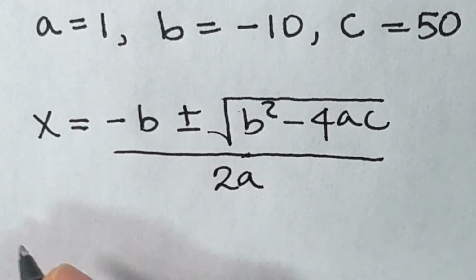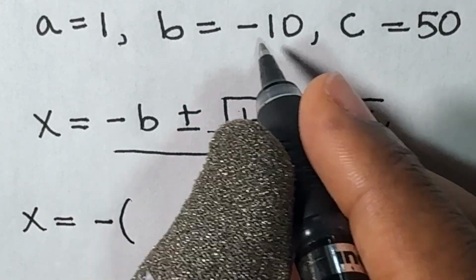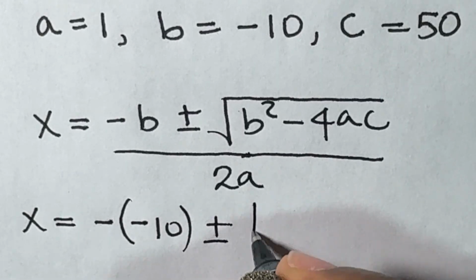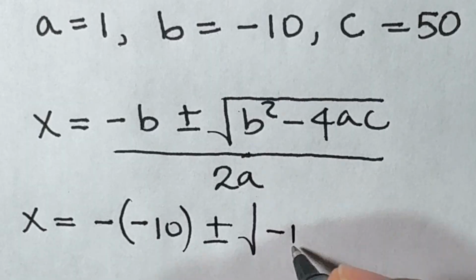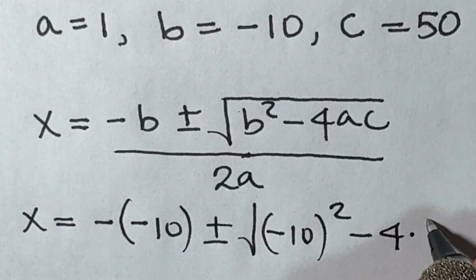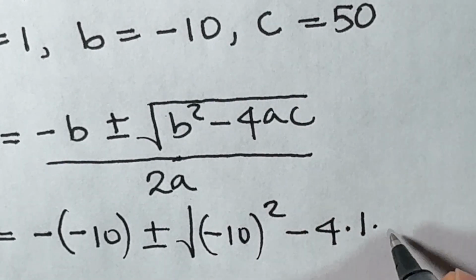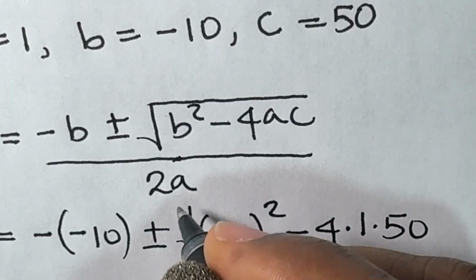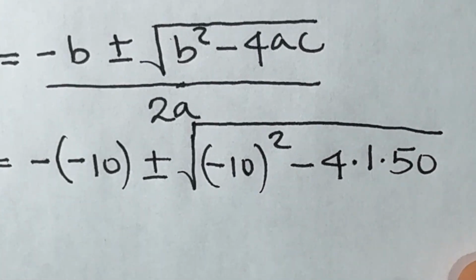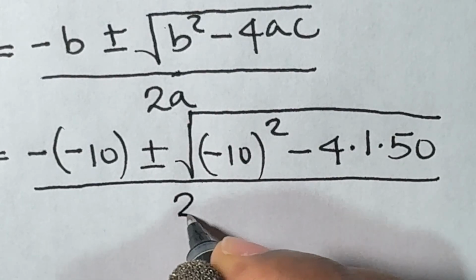Now, making the substitutions, x is going to be minus minus 10 plus or minus the square root of b, which is minus 10 squared, minus 4 times a is 1, and c right here, which is 50. Then square root of all of that divided by 2a, which is 2 times 1.